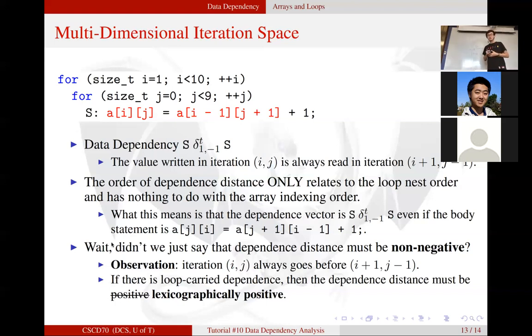Questions on the dependencies, on the restriction? Good.